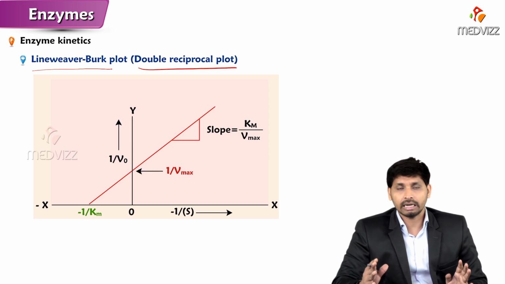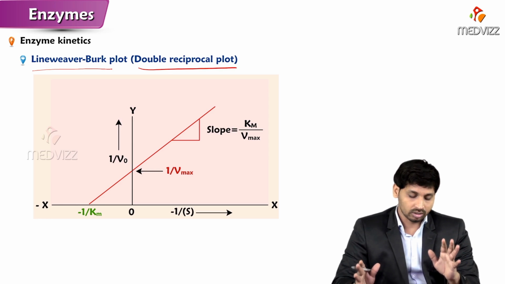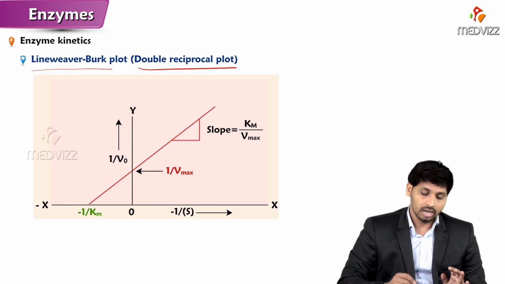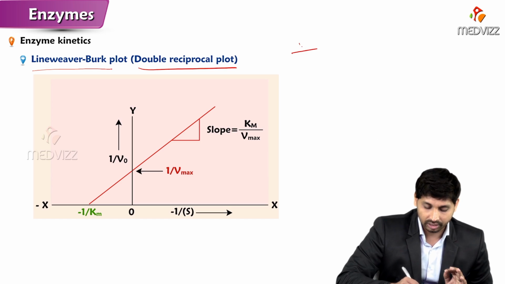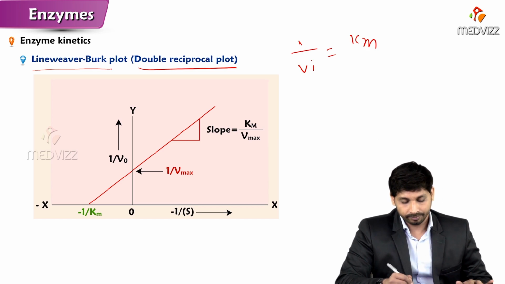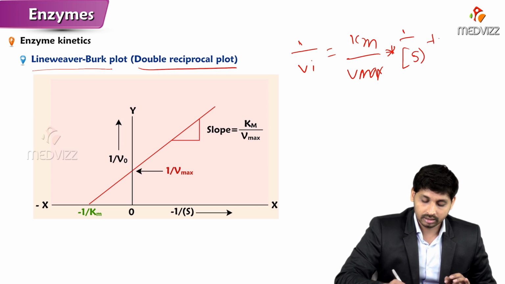As we mentioned earlier, this plot is the reciprocal of the Michaelis-Menten equation, and it is a stretching of the equation Km by Vmax into 1 by substrate plus 1 by Vmax, right?